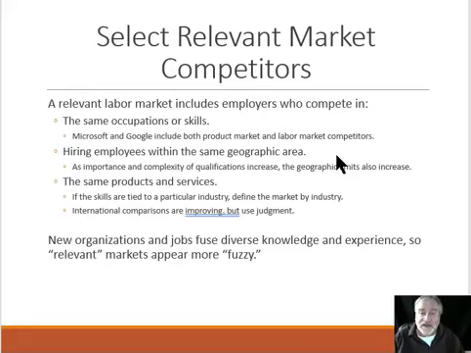Certainly, geographic area is another big factor as we addressed that you can get region specific information. And then we want to look at the products and services that we're offering as an organization, and that will inform us as to who our competitors are.